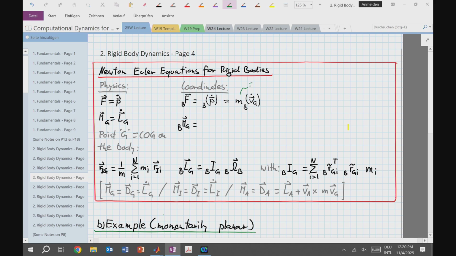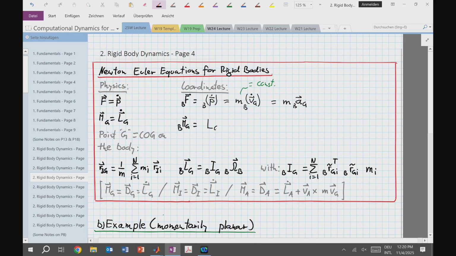And here we have an assumption: we say mass is constant. And the physical change in velocity is what we would call the acceleration. So that is expressed in b coordinates as well. So the sum of all forces is acceleration times mass.